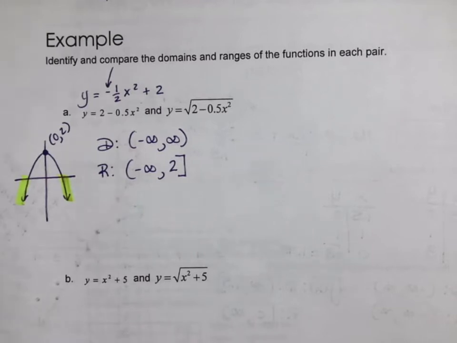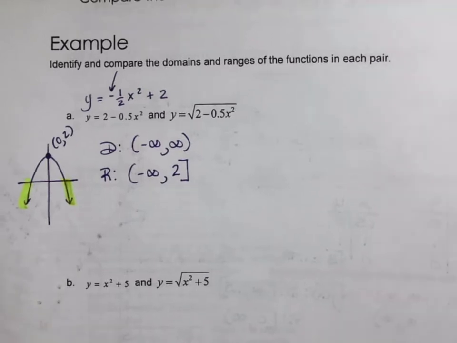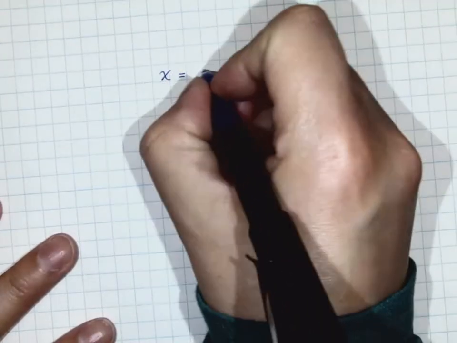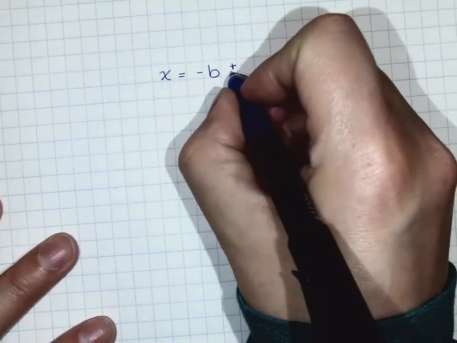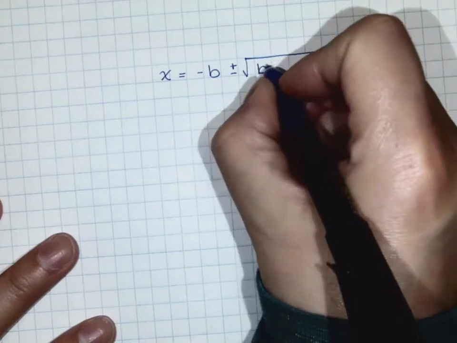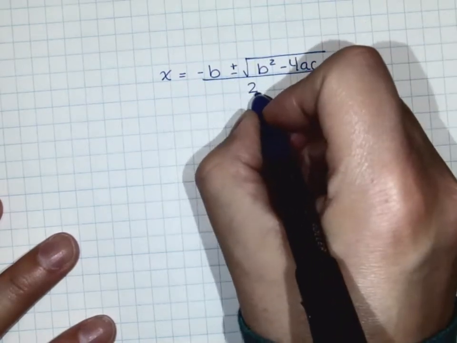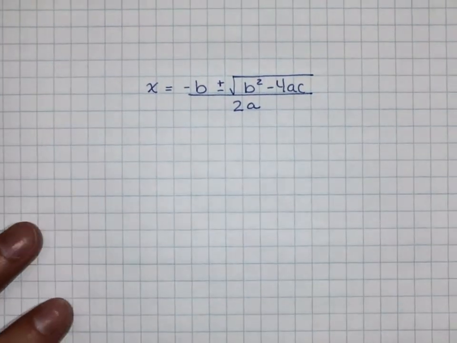I don't have a bx, like I don't have a b value. I'll show you the other way. Okay, that's the quadratic formula.